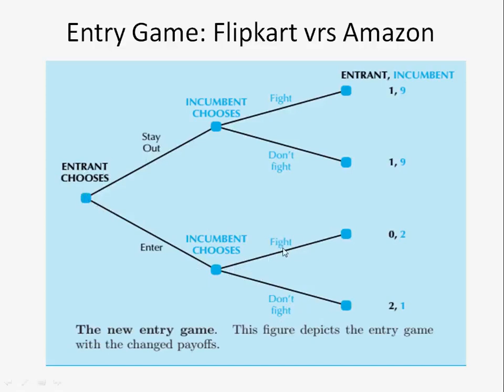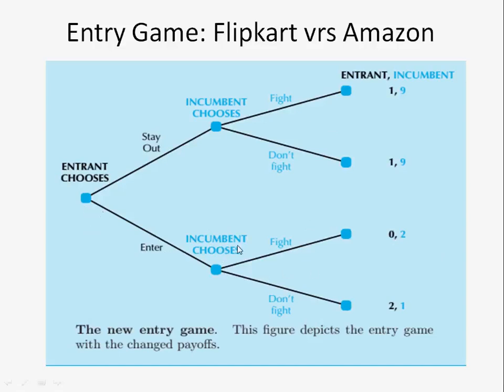If it fights, it can give a heavy discount such that the Amazon platform is no more viable. In that case, Amazon gets 0 and Flipkart gets 2 units of profit.